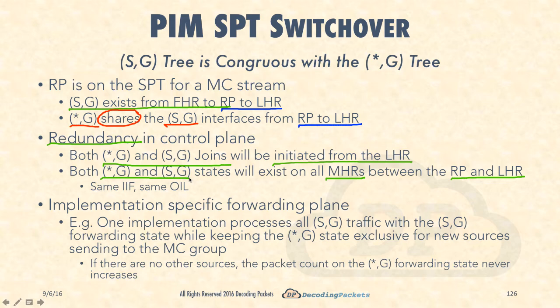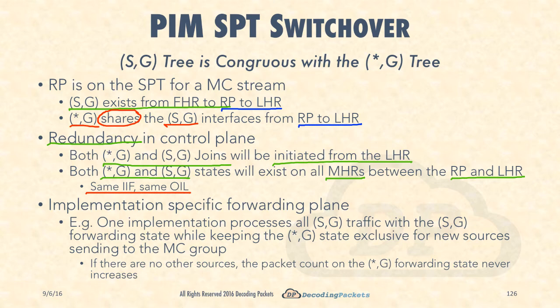And furthermore, both of those states would have the same incoming interfaces and the same outgoing interface list. But that's just the extra signaling that is happening here. So redundancy not in a fault tolerance kind of way, but redundancy in just extra signaling in the control plane.